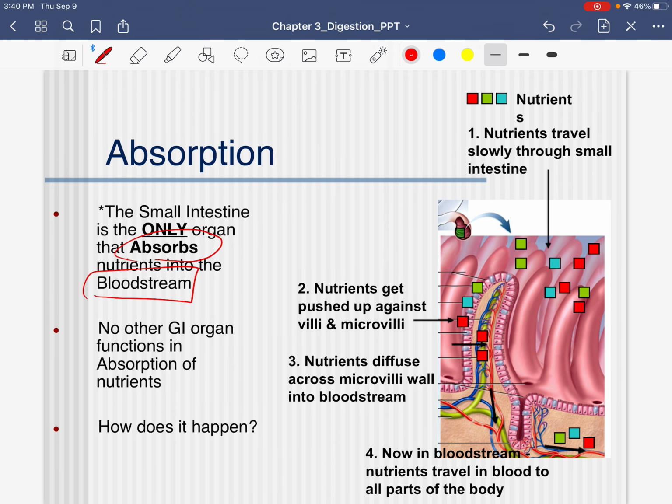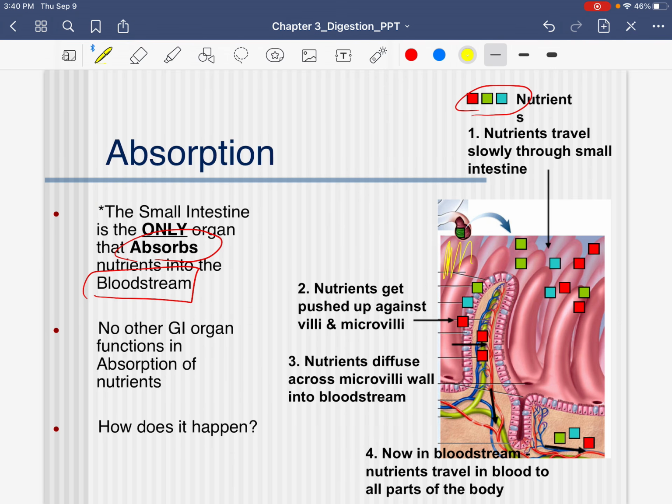This is the only organ that absorbs nutrients. And don't forget, we're absorbing nutrients into the bloodstream. Now, I know this is kind of a pretty bad picture over here, but I'm just trying to make a point. Bear with me. Let's say that all these little colored squares are nutrients.